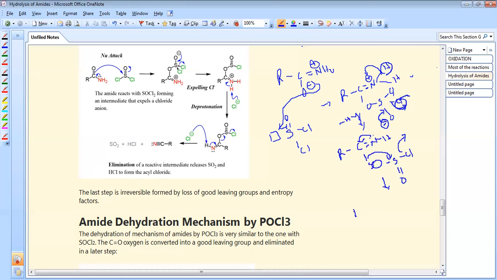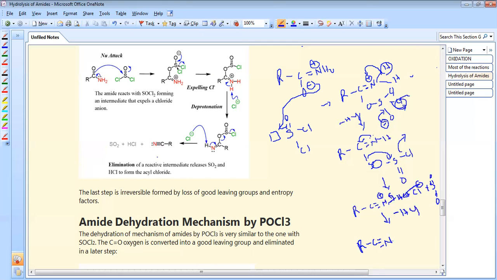Then we get R C triple bond N, with a plus charge on the N H. Along with Cl minus we get one more product, SO2. This Cl minus takes up the H plus, removing HCl, and we get the cyanide. This is the way cyanides are formed.